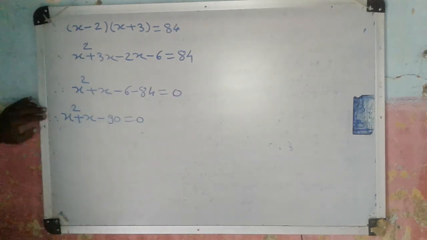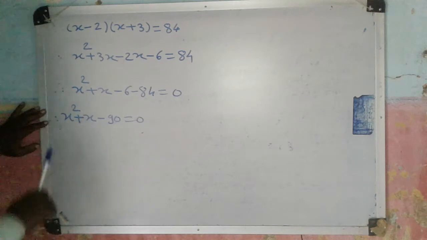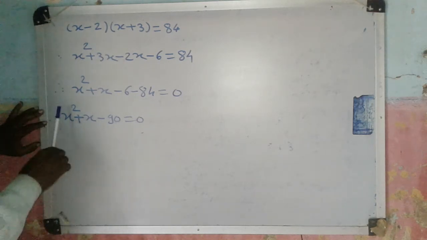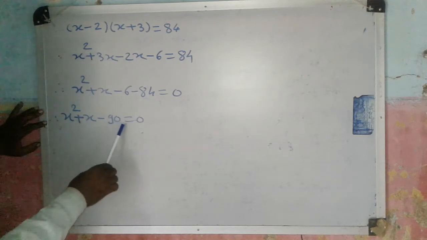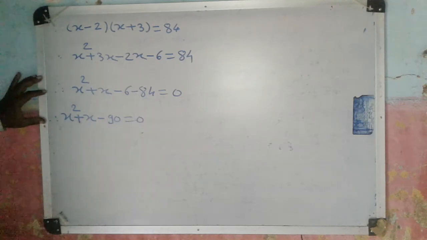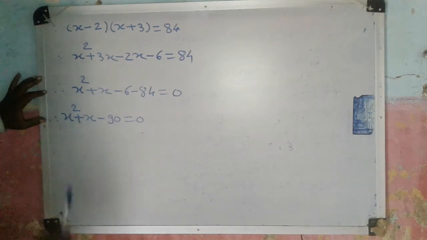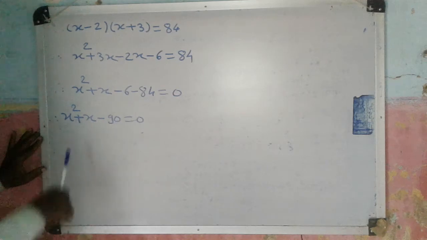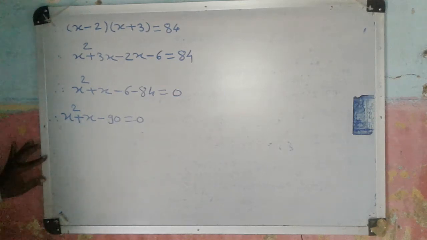Now here we have a quadratic equation according to the given condition: x square plus x minus 90 is equal to 0. And now we know the methods of solving a quadratic equation. You can use any one method and we will find the solution.